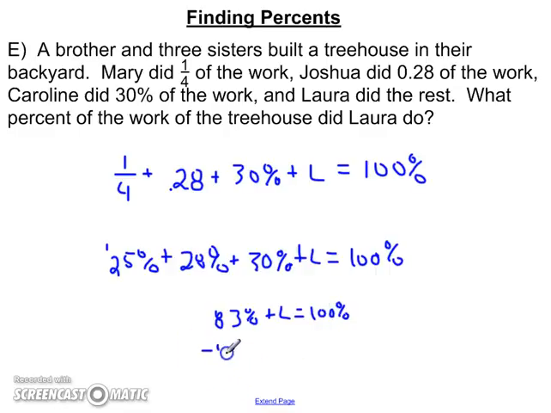Now if I subtract 83% out of 100%, since I have set this up as an equation, it looks like 17% if I do the subtraction. So Laura did 17% of the work, because again, we know the total has to be 100, so if we add them all up to 100, we can figure out the missing piece.